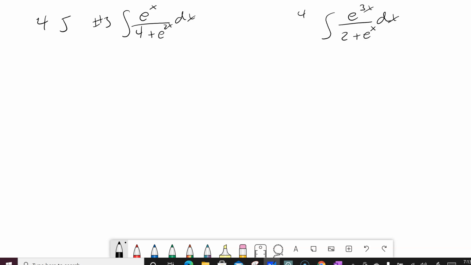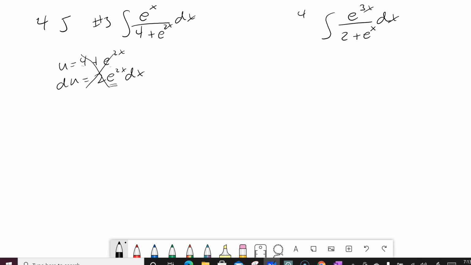What happens if I try letting u equal the denominator? Then du gives me, the derivative of the 2 is 0, and the derivative of the other gives me 2e to the 2x. That's not helpful. This e to the 2x is nothing like this e to the x, so let's not do that.